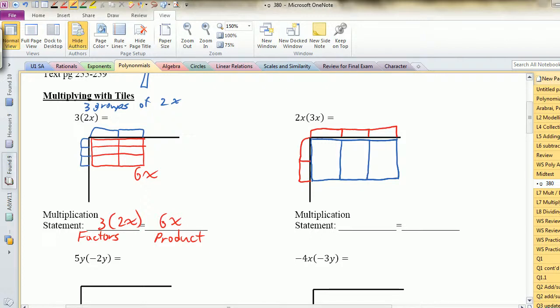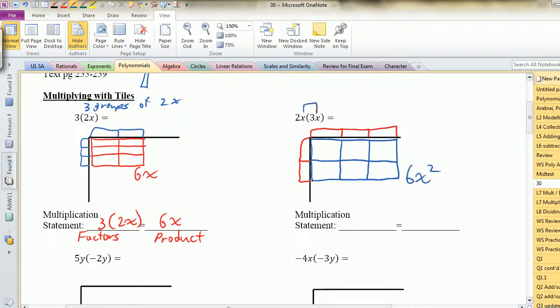There's 3 groups, and here's 2 groups. And so altogether, that's the area created. Now, my drawing doesn't really look very nice, but what is that? What's represented there? 6x. 6 what? X. 6x squared. Okay, so this is 6x squared.